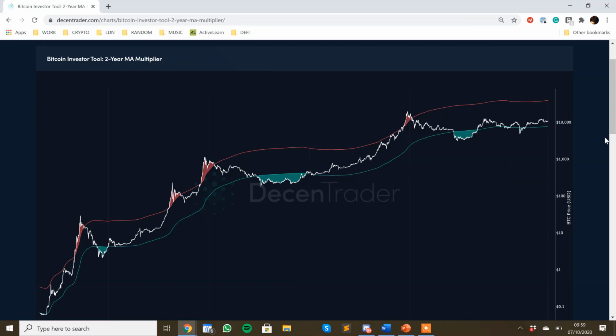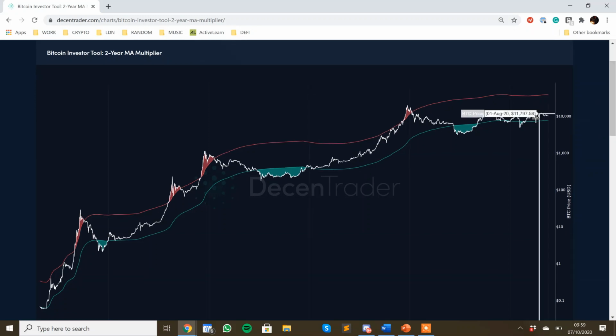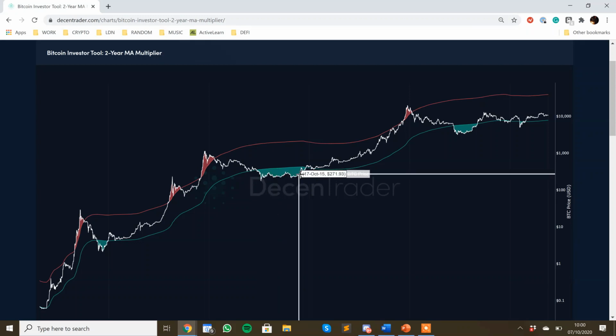So how is this useful for us as investors, as Bitcoin investors, and even traders to some extent? Well, we can quite simply employ a strategy where we wait to allocate our capital when price drops below the 2-year moving average line. So it enters the green zone you can see here.